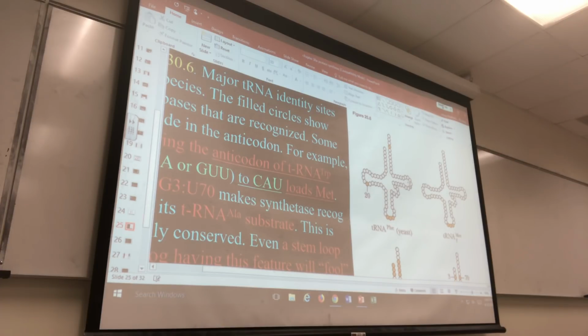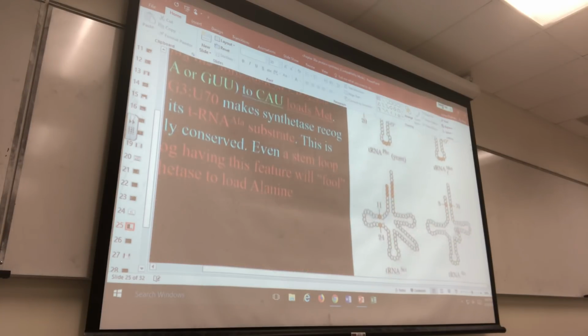So it turns out, depending on which tRNA and which amino acid you're talking about, there are certain regions on the tRNA that communicate to the synthetase what amino acid should go there. To contrast, here's methionine, and eventually you'll see what the F means. But there's a synthetase whose job is to attach methionine to this tRNA, and it's only going to look at the anticodon region.